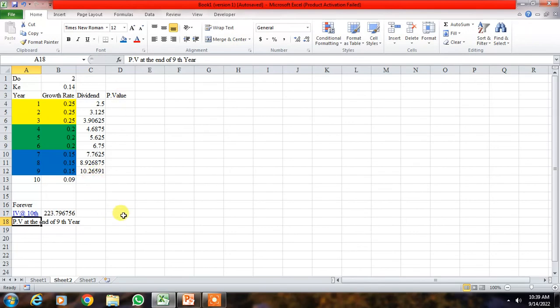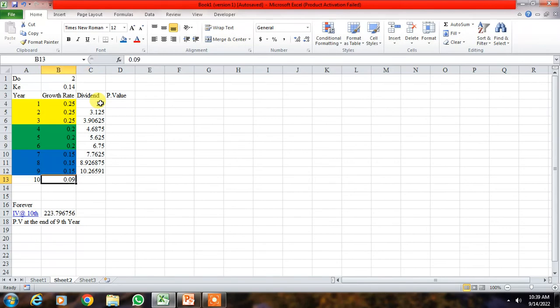So now we have the expected cash flows at the end of the first year, second year, third year, fourth year, up to the 9th year, and the present value of all expected cash flows at the 10th year.